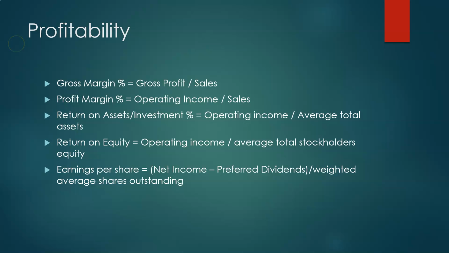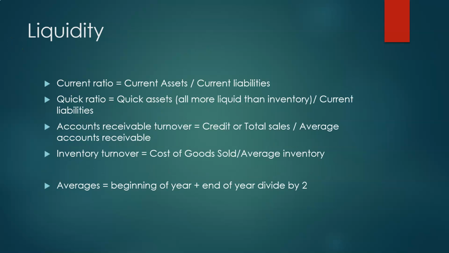So profitability measures we have already given you. What about liquidity? What does liquidity mean? How much cash you have to meet your bills. The current ratio is how much cash you have to meet your current obligations. Quick means the quick assets, the more liquid assets, how much of your very liquid assets you can use to pay your current liabilities.